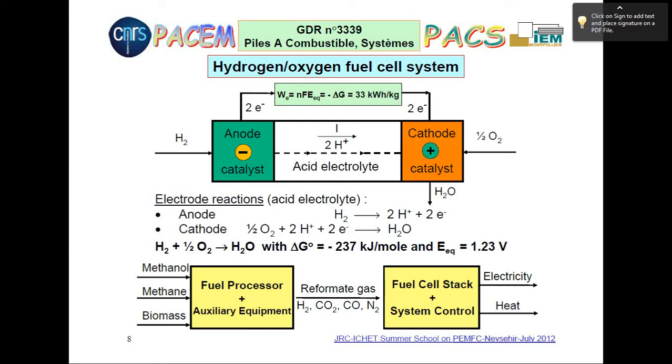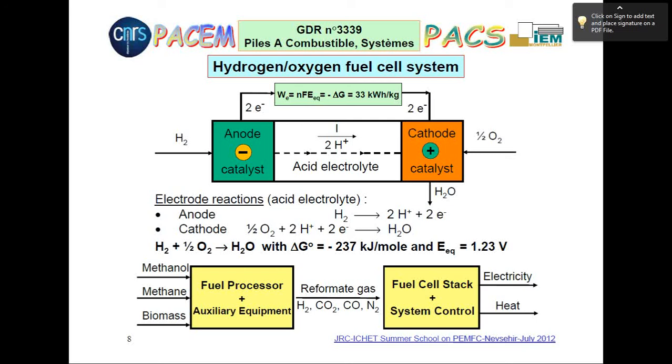You have to produce it. There are many means to produce. We cannot discuss that. That's not the subject of this talk. But if you take a primary source like natural gas or like biomass, you can make hydrogen with a fuel processor.